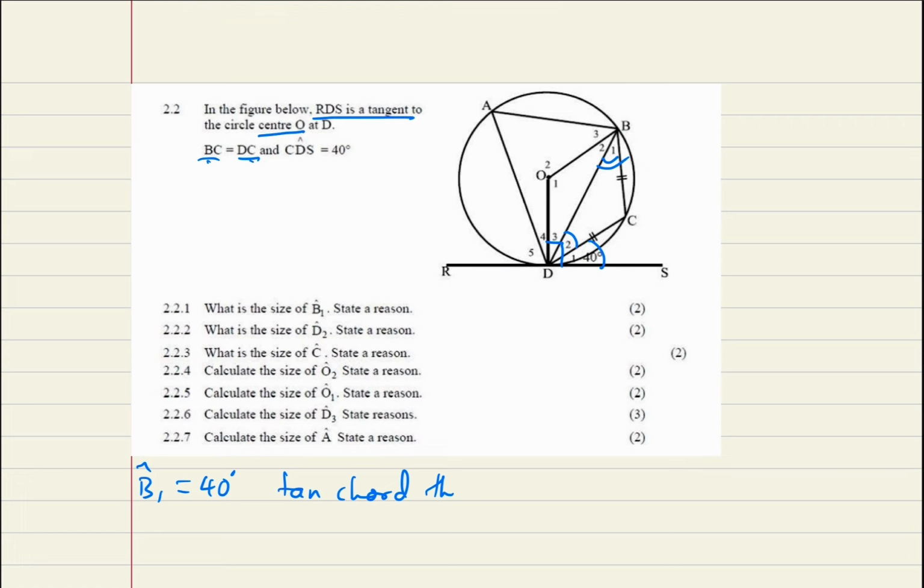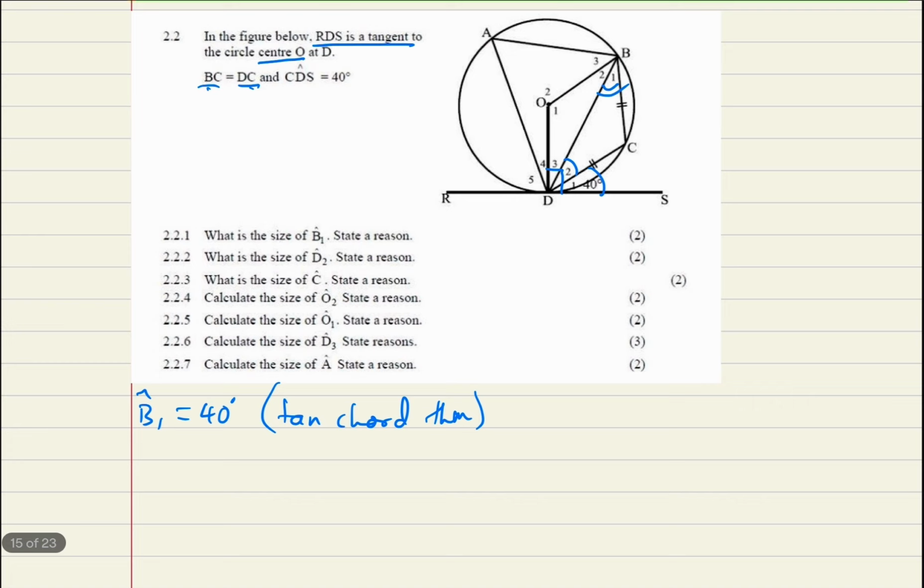Tan chord theorem. Okay, that means also D2 is equals to 40 degrees, angles opposite equal sides. Okay, then we can find angle C, which is equals to 180 minus 40 minus 40, which is 100 degrees.